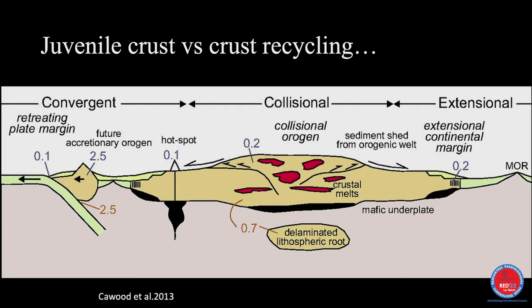The plate is going down to the mantle, collapsing, being melted. Sometimes if the plate is old, it is rolling back a little bit, and we have here an extensional environment, and a little bit of crust is added at that place. But mostly the crust is added within accretionary erosion.